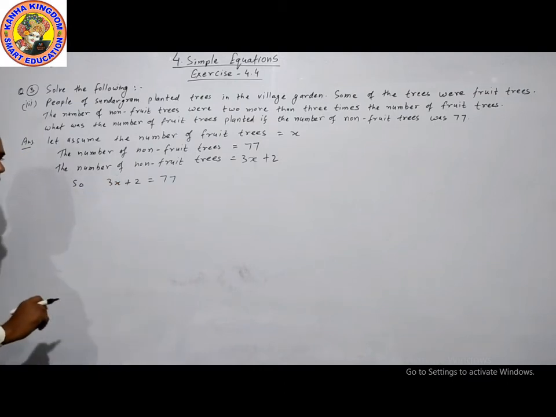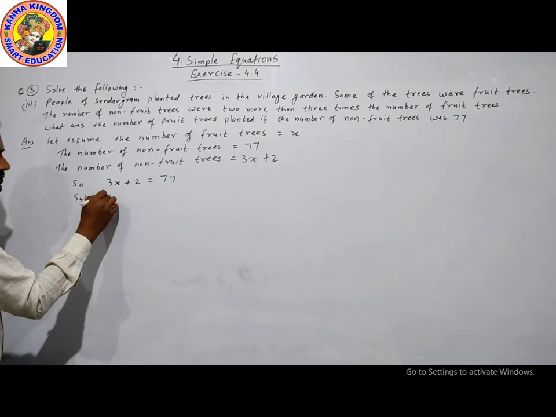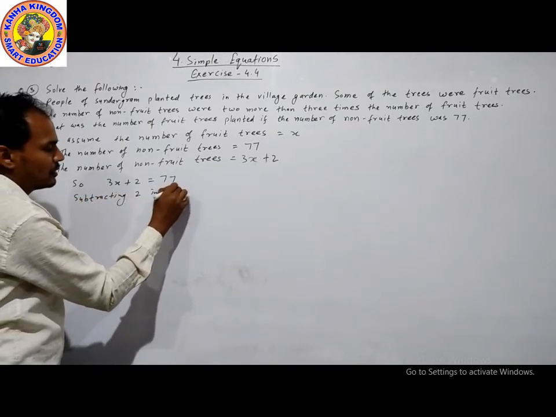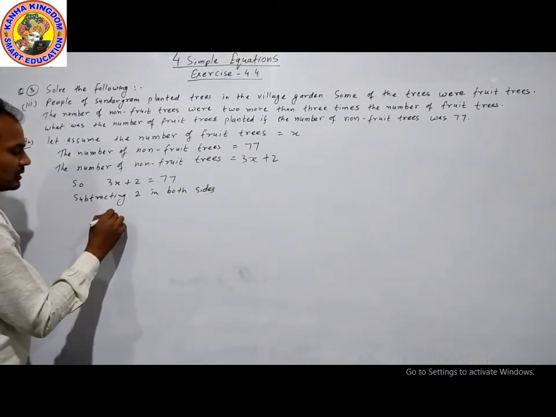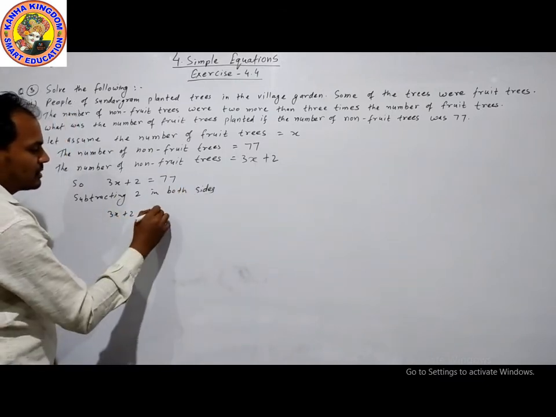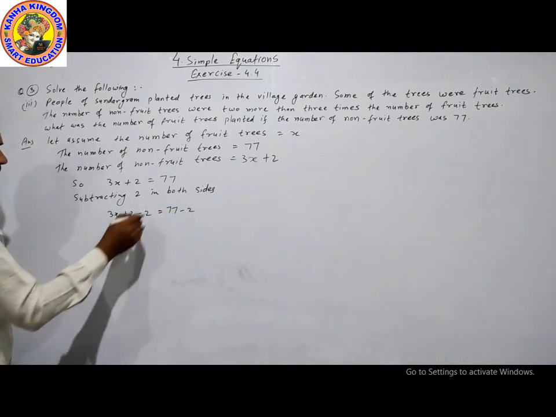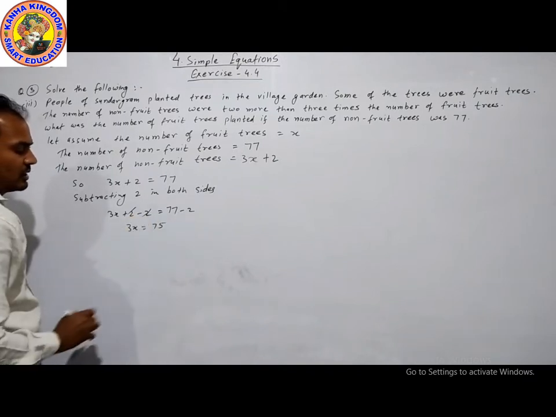Here it is plus 2, so we will subtract 2 from both sides. The equation is 3x plus 2 equals 77. Now subtract 2 from both sides. 2 and 2 cancel, 3x is equal to 75.